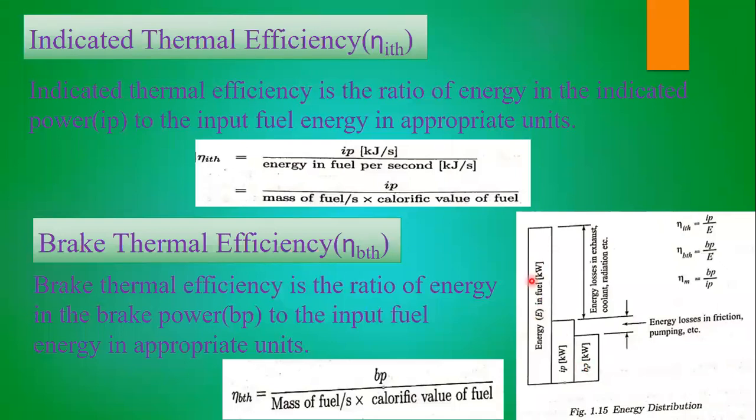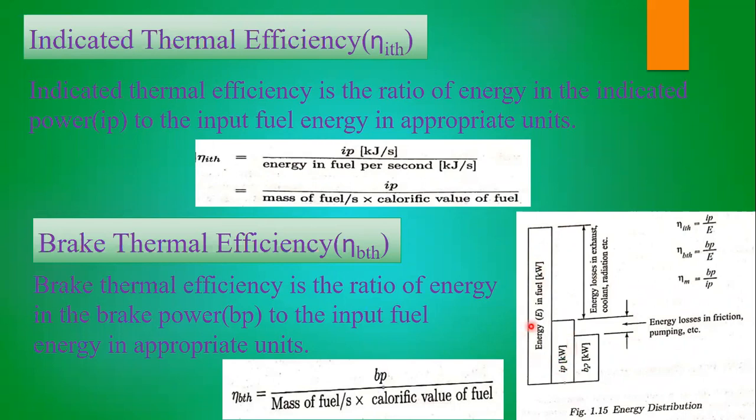If the chemical energy is the total energy in the fuel, when it is going to combust, it is going to produce only this much indicated power because of several losses. Indicated power is only around 40%.